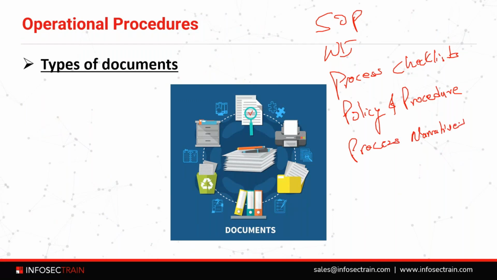High level descriptions of how a process works. It includes goals, constraints, and dependencies. It is useful for training and stakeholder communication. So these are some of the documents that work together to create a repeatable, auditable, and scalable operational environment.